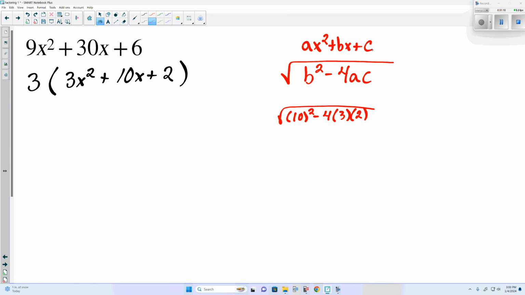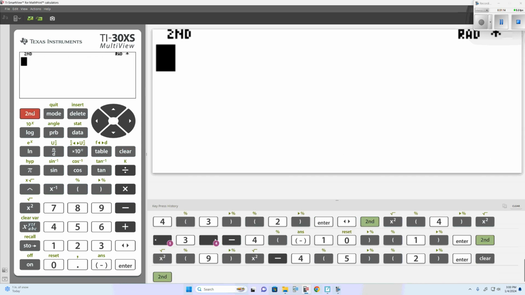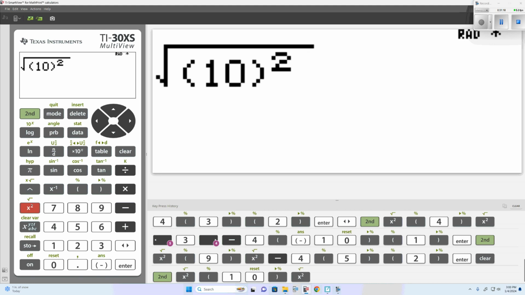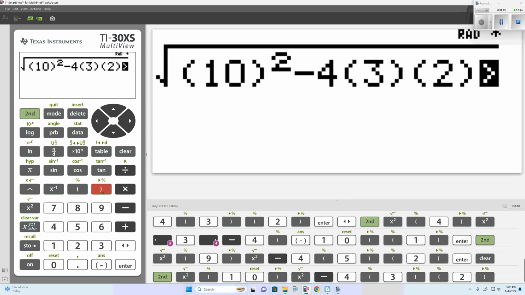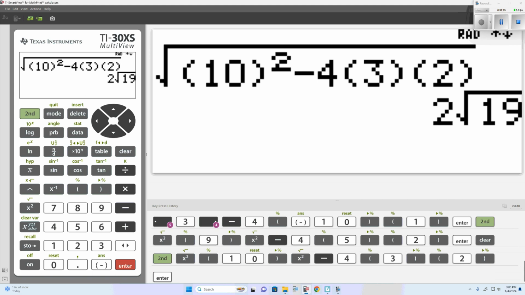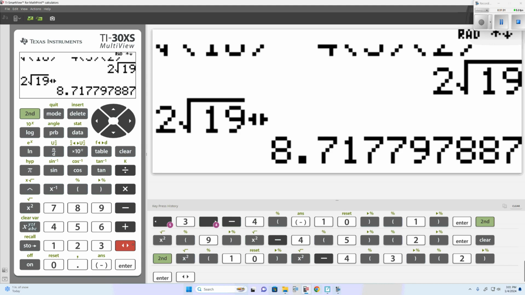Now at this point here, it doesn't really matter which calculator we grab. We can grab either one. Say second square root. 10 squared minus 4 times 3 times 2. And here we get 2 square root of 19, which is approximately 8.717797887, and it just continues on.